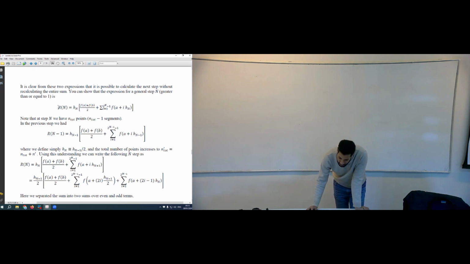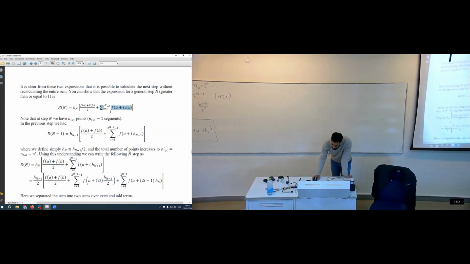So therefore, if now I want to relate Rn to Rn minus 1, what do I do? I divide this sum into 2 sums. One is over the odd i's, and one is for the even. Okay, so this summation, I can take it with even and with odd. And of course, now the i goes from 1 not to, let's see, here it's an error. Here we have hn, not hn plus 1, okay? This is hn.